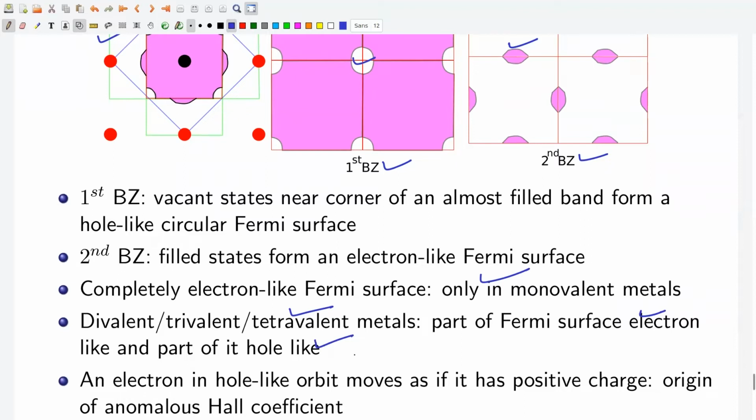In case the Fermi surface is hole-like, an electron in a hole-like orbit moves as if it has a positive charge. This must be related to the anomalous Hall coefficient in divalent, trivalent, or tetravalent metals.